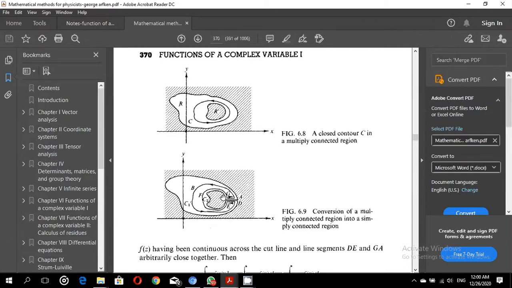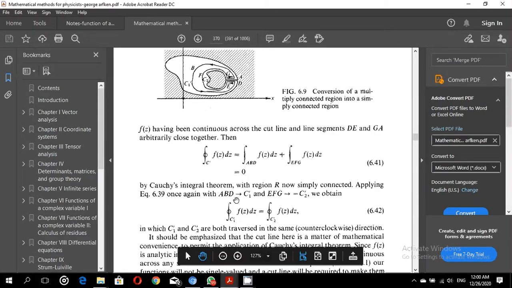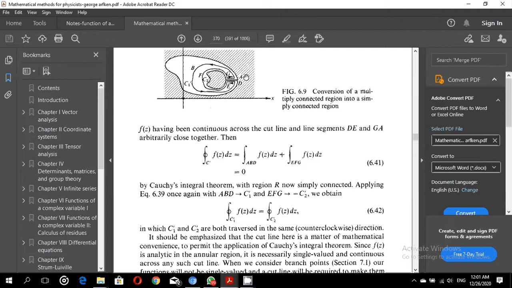So if we go as A, B, D, E, F, G, H, this modified path does not contain the problem region. We have excluded the problem region, and therefore we can apply the Cauchy integral theorem for this entire path.